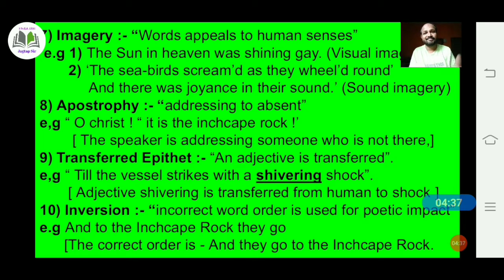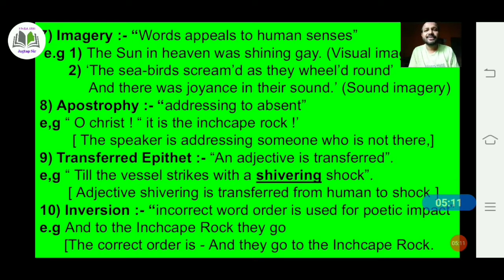Second one, the seabirds scream as they wheel round, and there was joy in their sound. Here also the poet has used imagery. Sound imagery is used here, as the screaming of birds and their whirling round. There was joy, so we can imagine the sound here also.